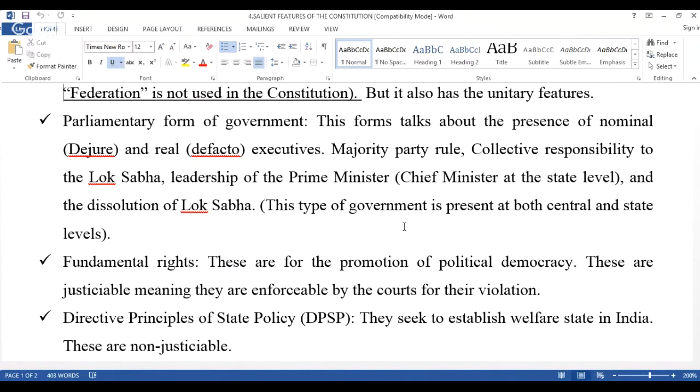Because India is a parliamentary form of government, both at the central level and also at the state level. Okay, and we will conduct periodical elections, meaning Lok Sabha will be dissolved every 5 years. Clear? In the similar manner, we have an assembly at the state level. That assembly is also dissolved every 5 years. Right?